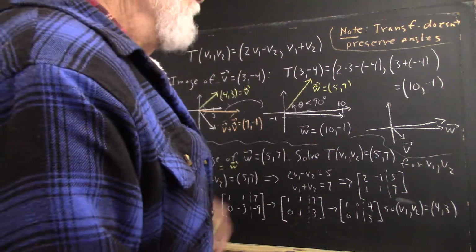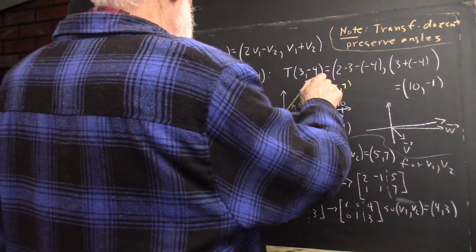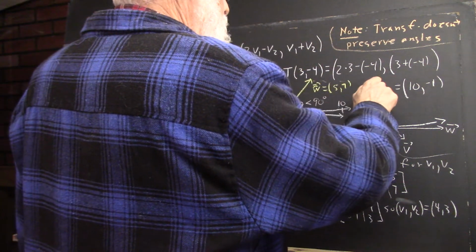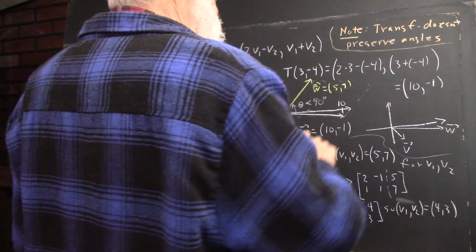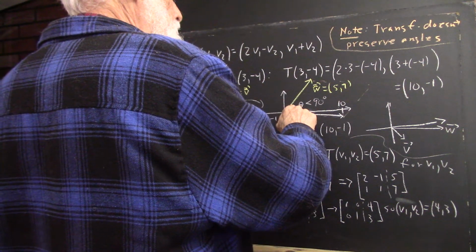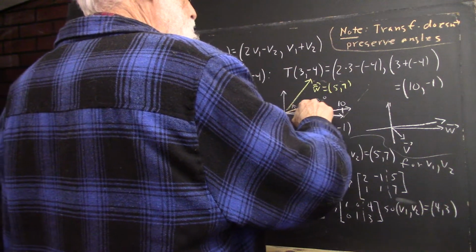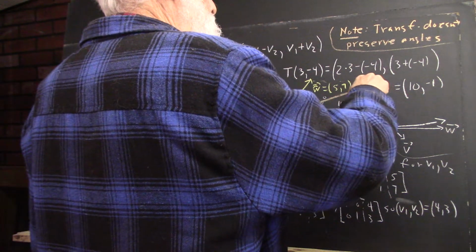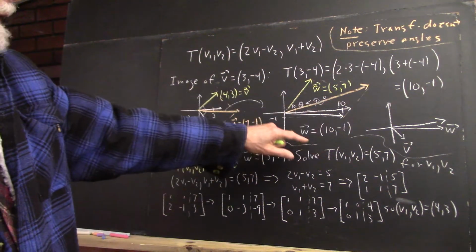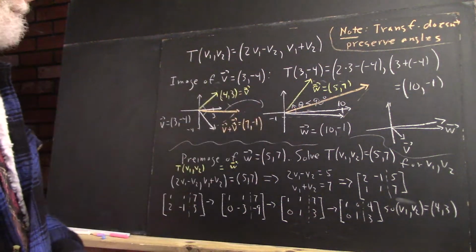If I add these two vectors, again I can do the parallelogram just to see where that's going to be. It's going to go right through a lot of my labeling, but we know what I've already said. We get this vector, which is our W plus W hat.